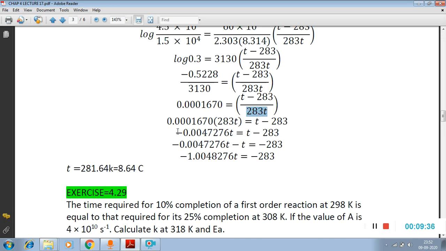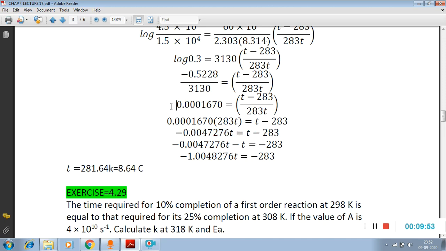Now that multiplication you will get minus 0.0004727 T is equal to T minus 283.